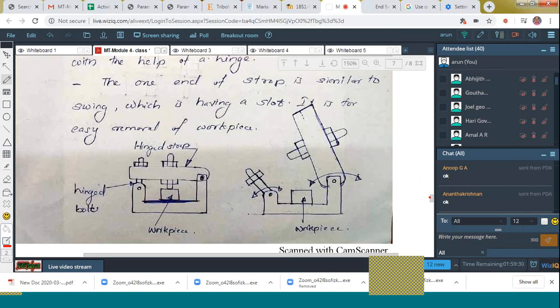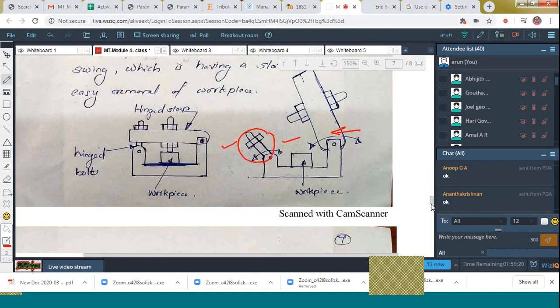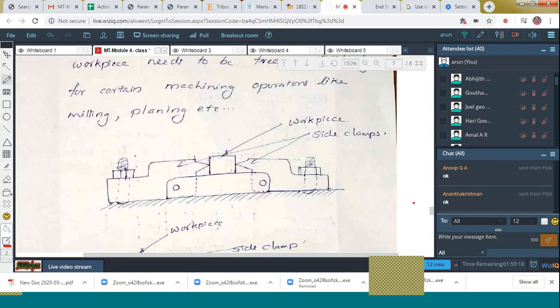Next is hinge clamps. You can see that the two figures are drawn over here. Here it is called as the hinged bolt, and here is the hinged strap clamp. And next one is the side clamp. This is one kind of side clamp. You can see that the two sides. Don't worry. I will forward it.